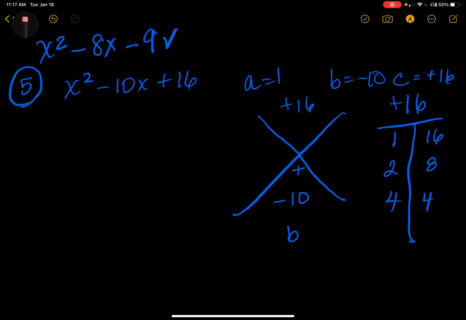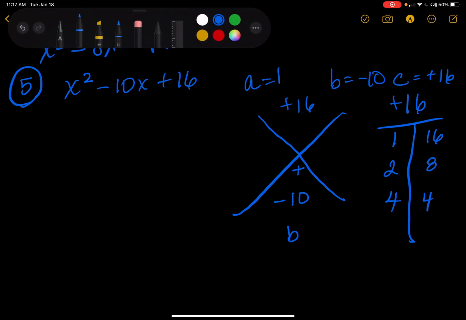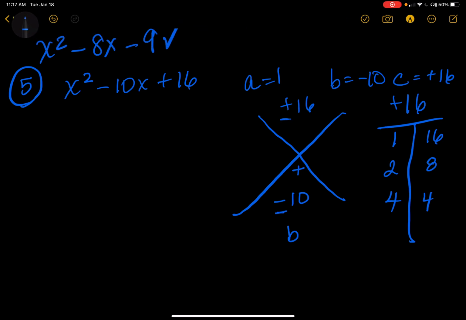We know that we want to multiply to be a positive and add to be a negative. So that means if our sum is going to be negative, then both numbers need to be negative, because a negative multiplied by a negative is equal to a positive, and a negative added to a negative is a negative. So that would satisfy our positive 16 and our negative 10.